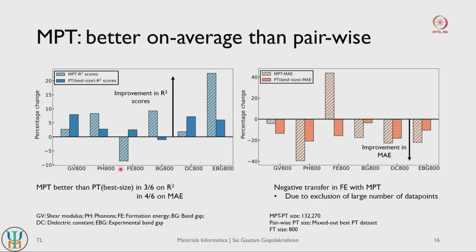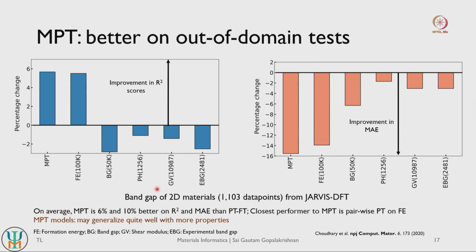So if we remove these data points from our training data set, the models just do not see enough data to become general enough, right. That is why these models perform very badly when you exclude formation energy. But otherwise, for all the other remaining properties, we see on average MPT models perform better compared to our pairwise transfer models.